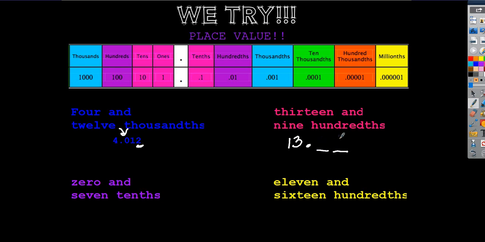Hundredths is 2 spaces after the decimal, so the 9 goes here, and then we fill in our spaces with zeros. Here I have 0 and tenths is the first place, so there's 7. And then 11 and 16 hundredths. So 16 has 2 digits. The 6 needs to go here, the 1 goes here, and now we have our numbers written correctly.